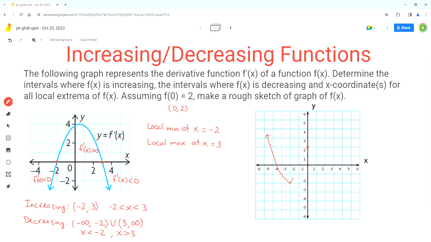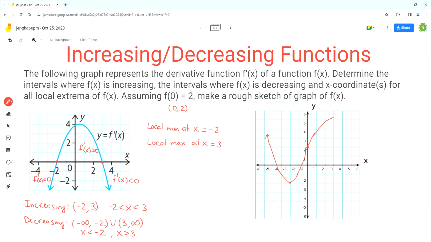So we can show it like this, and then we can make it pass through that point, and at x equals 3 there is a local maximum.